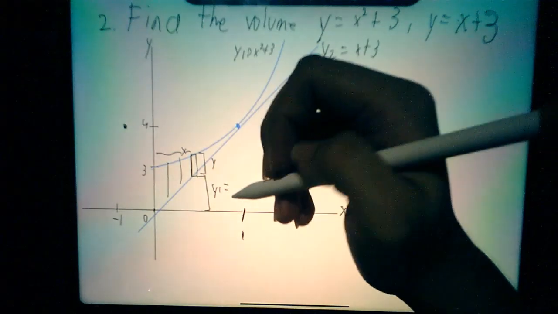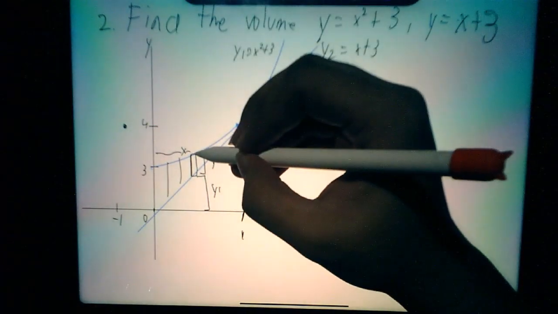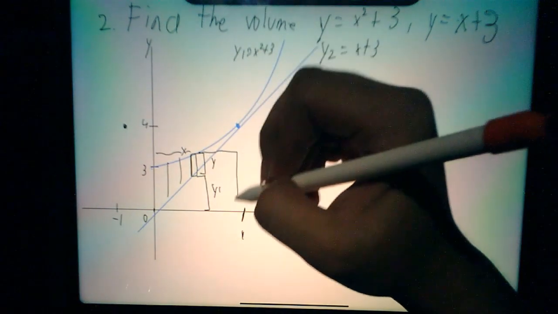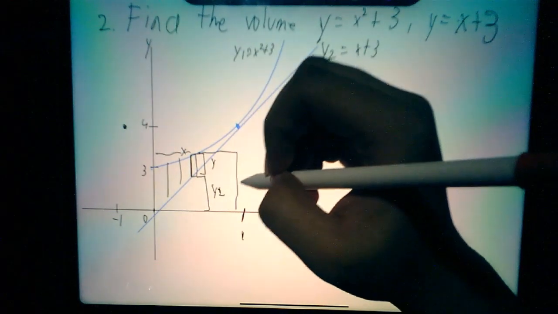Oh, this is y2 I mean, and this is our y1.